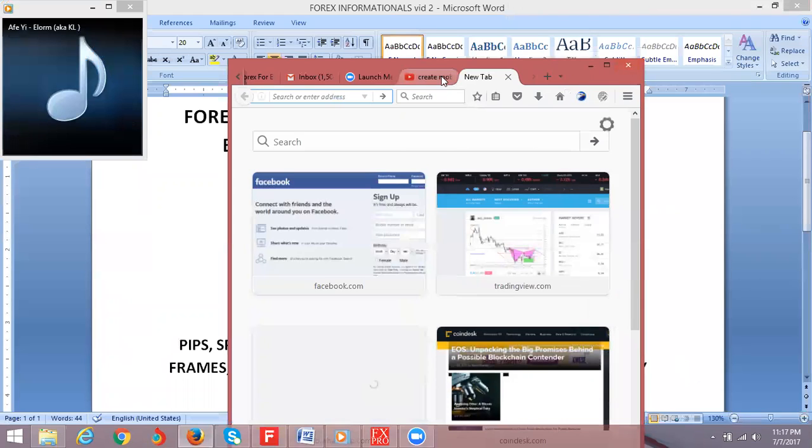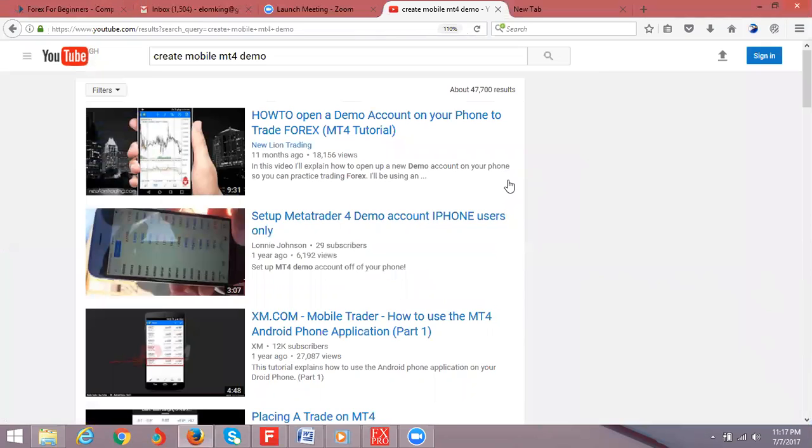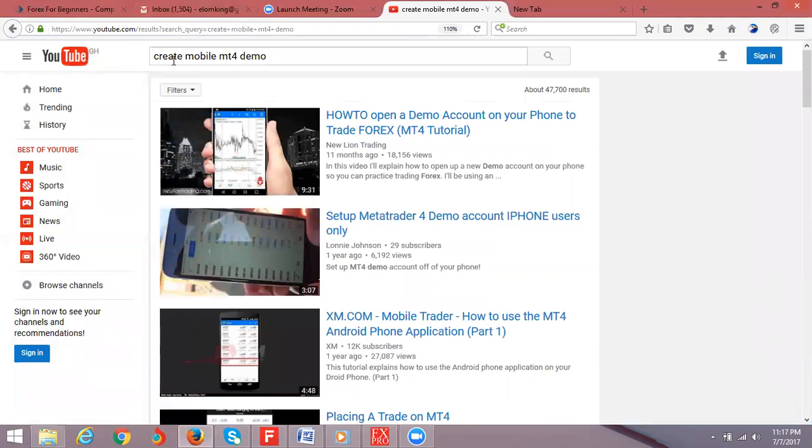When you go to YouTube, just search create mobile MT4 demo, and there are a lot of videos there for you to watch so that you too can create a demo account on your mobile device, because you need the MT4 to be able to follow through with our discussion in this video.